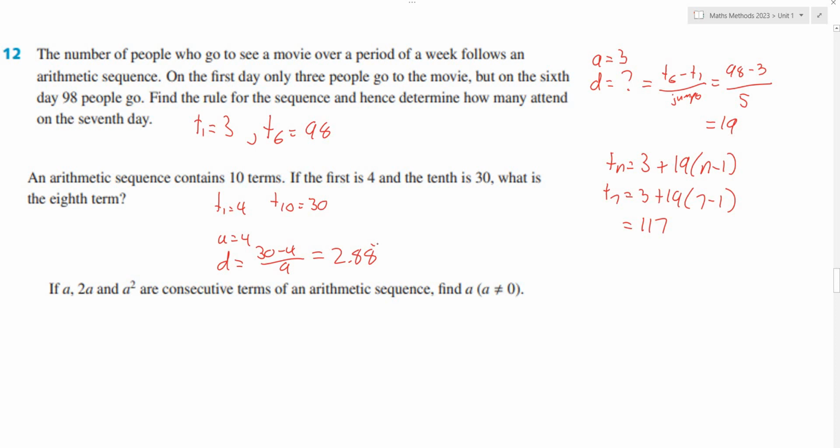So that means if we want to find T8, sorry, I'll do the whole rule first. Tn equals A plus D(n minus 1). Tn equals 4 plus 2.88(n minus 1).